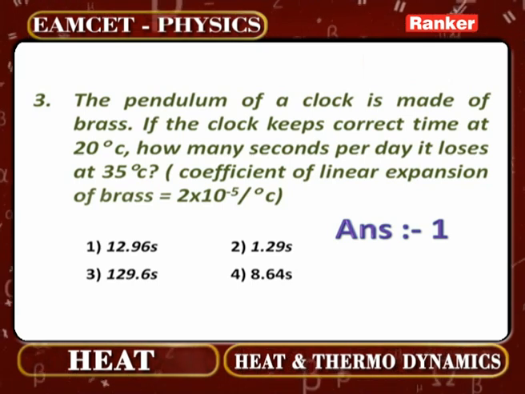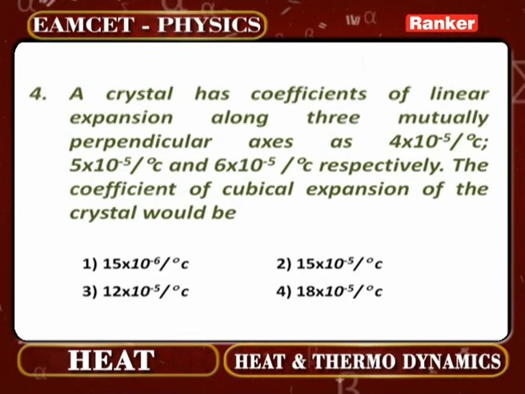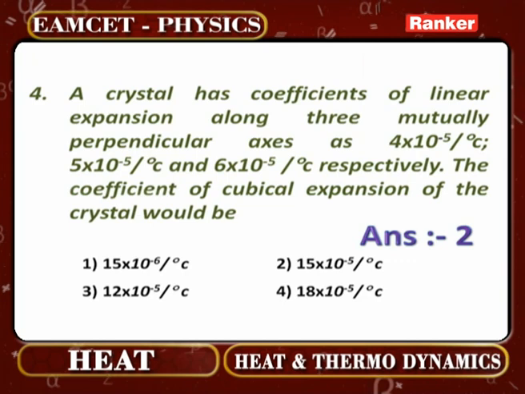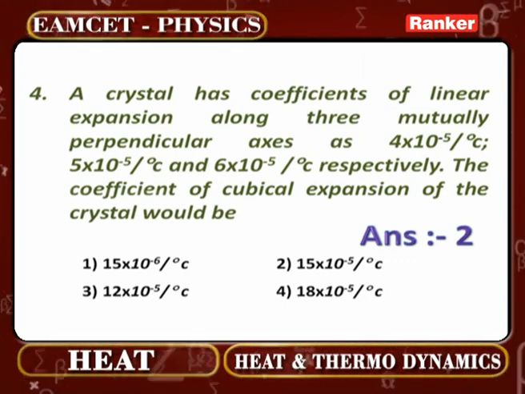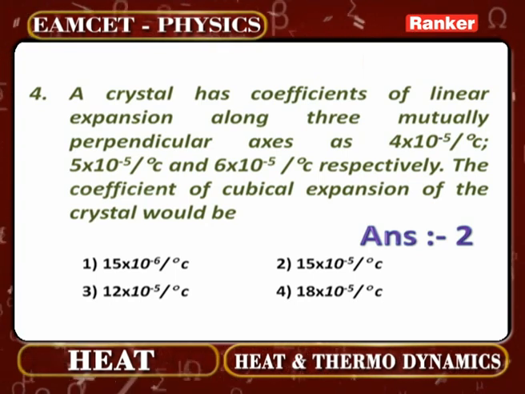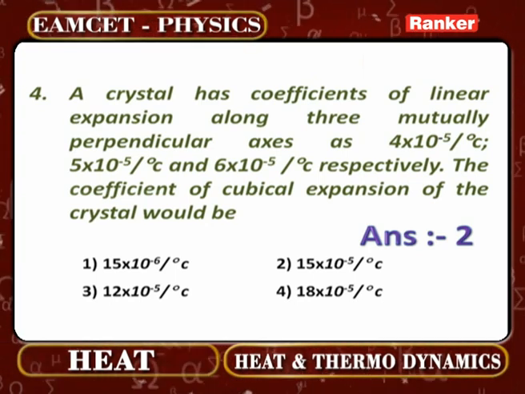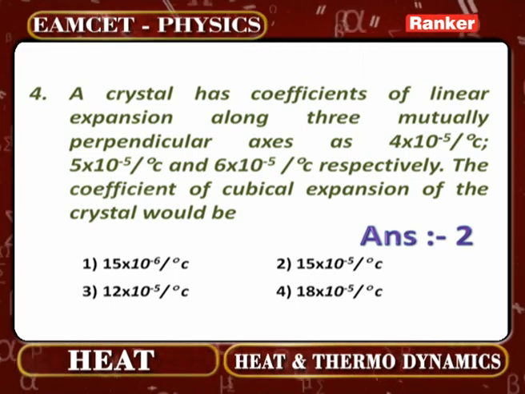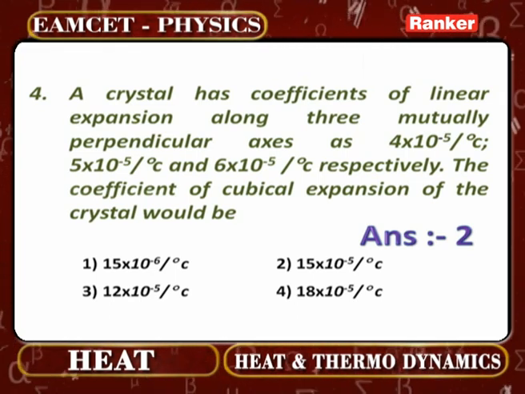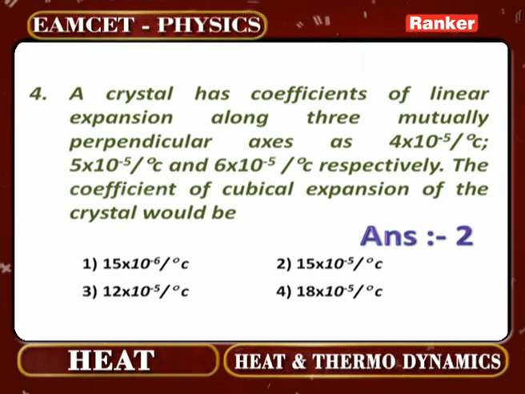Now let us check the next problem, problem number 4. A crystal has coefficients of linear expansion along 3 mutually perpendicular axes as 4 into 10 power minus 5, 5 into 10 power minus 5 and 6 into 10 power minus 5, all per degree centigrade respectively. The coefficient of cubical expansion of the crystal would be how much?